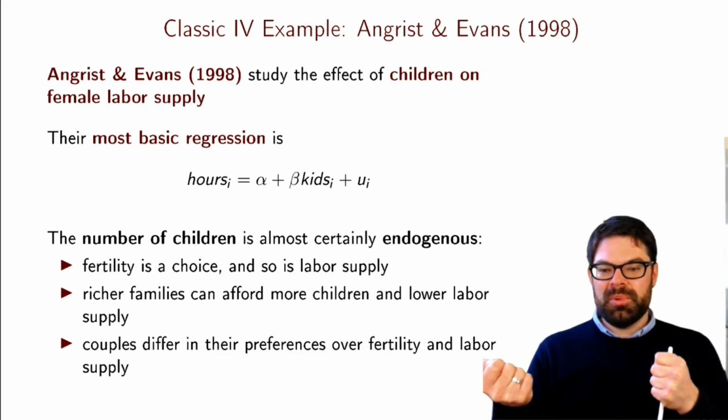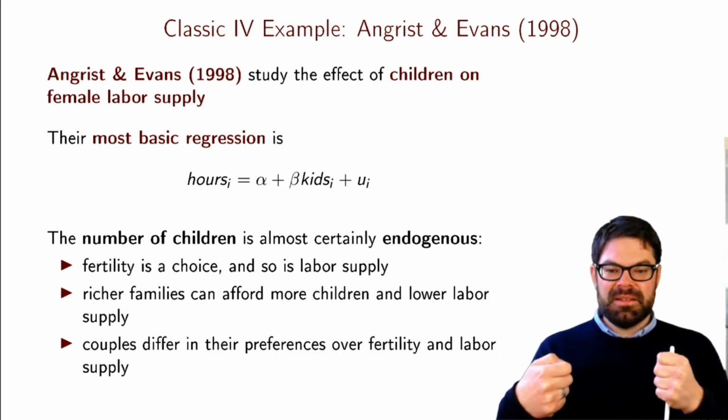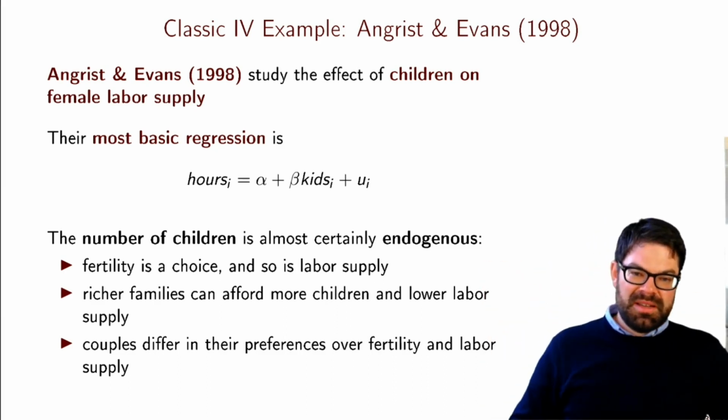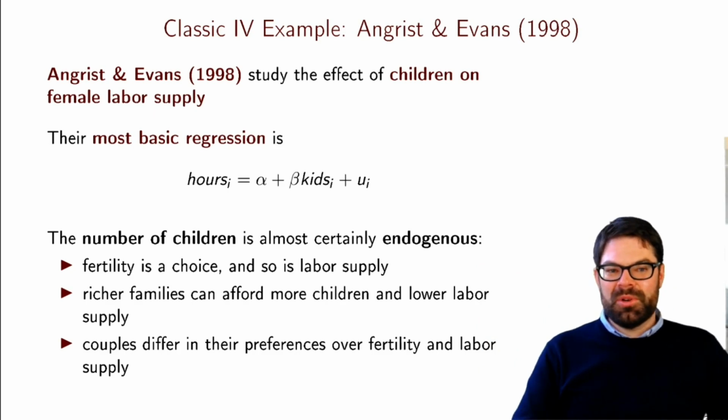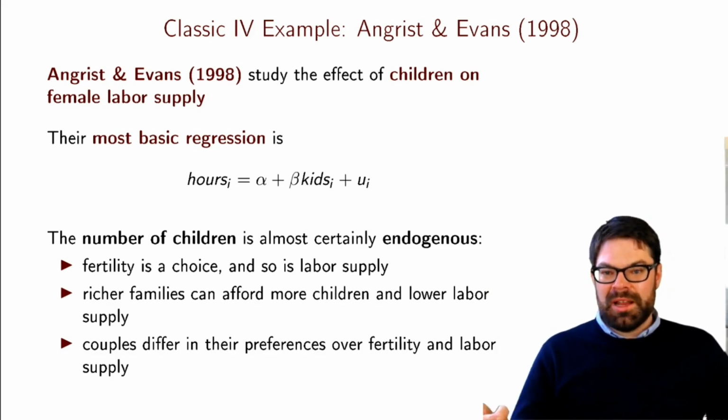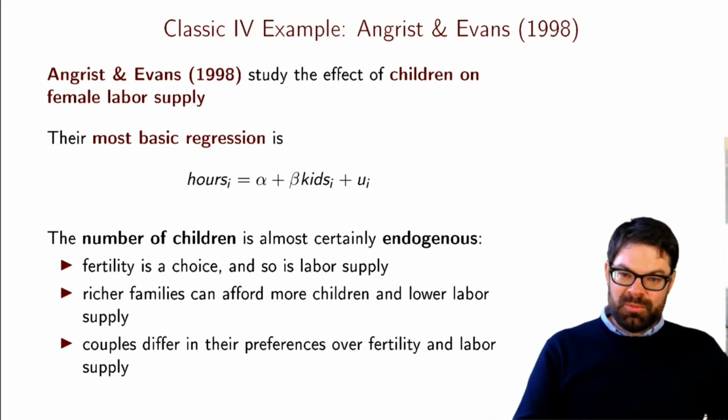Right? So, for example, if a family is richer to begin with, think they made a big inheritance, or they just have one person who has a huge earnings potential, they can afford to have more children, and also are more likely to afford that one person stays home with the children.